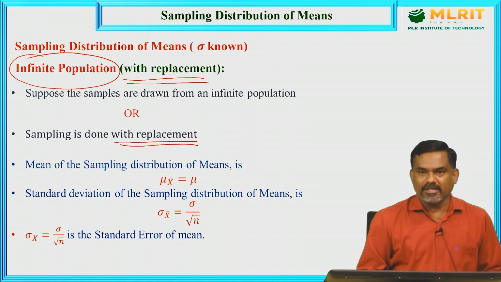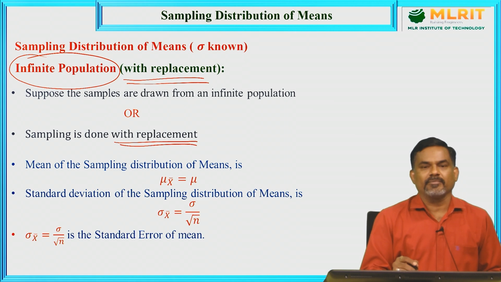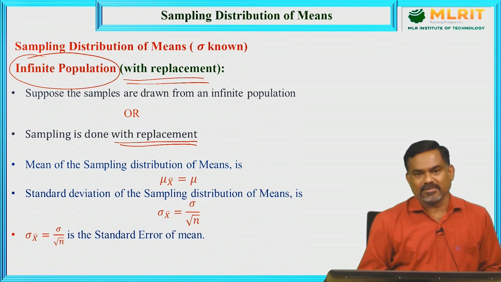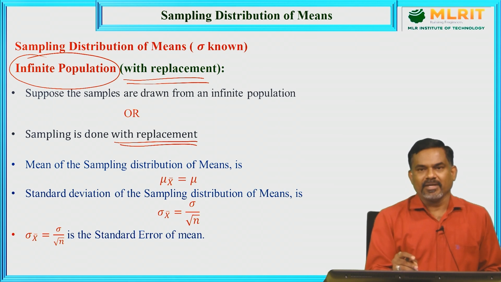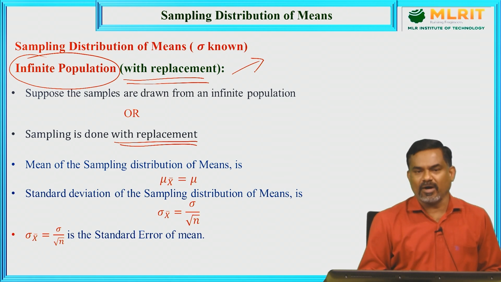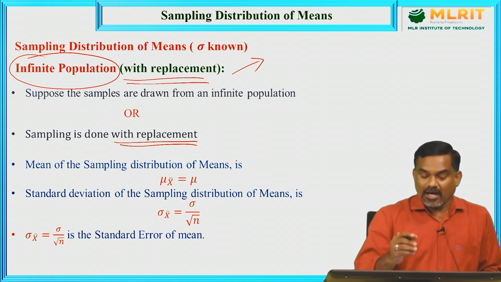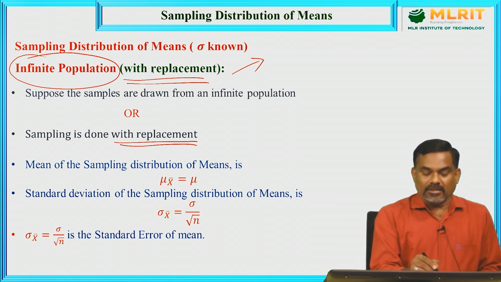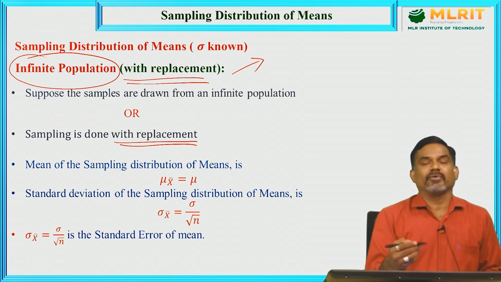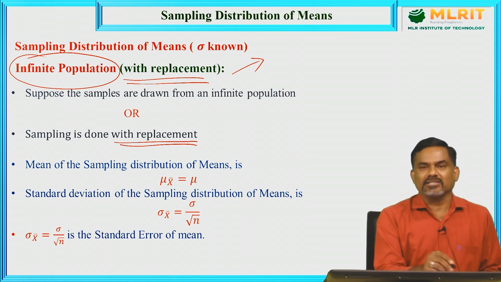With replacement means each element of the population can be selected more than once. After selecting one element from the population, we replace it back, so we can consider an element as many times as we want. That means the population can be considered as an infinite population. So if the sampling is done with replacement, that can be considered as sampling from an infinite population. These two cases are the same.